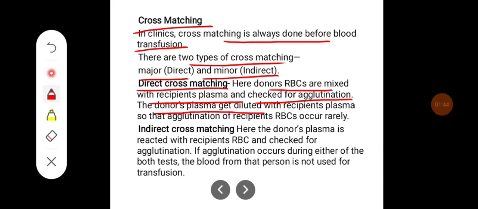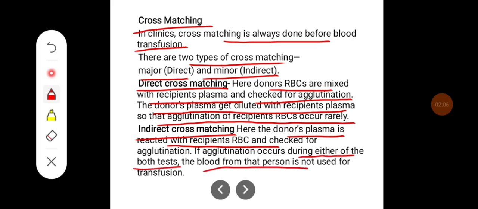The donor's plasma gets diluted with the recipient's plasma so that agglutination of the recipient's RBCs occurs rarely. And in indirect cross-matching, the donor's plasma is reacted with the recipient's RBCs and checked for agglutination. If agglutination occurs during either of the tests, the blood from that person is not used for transfusion.